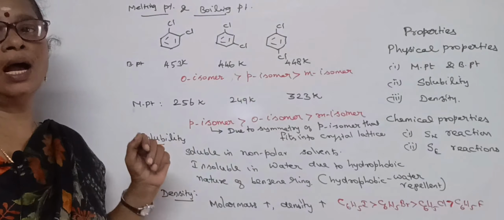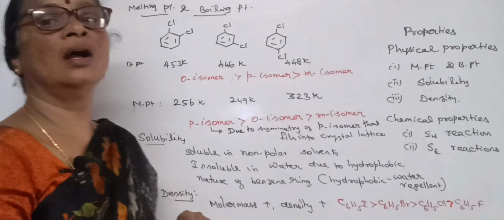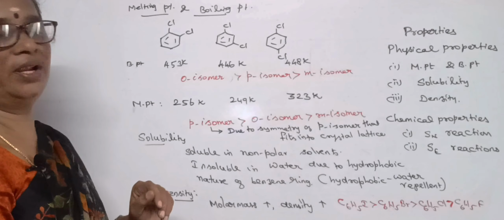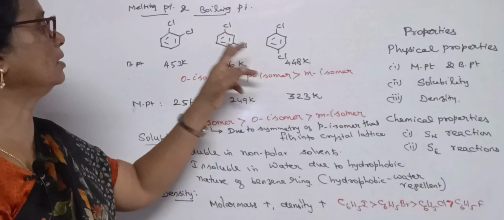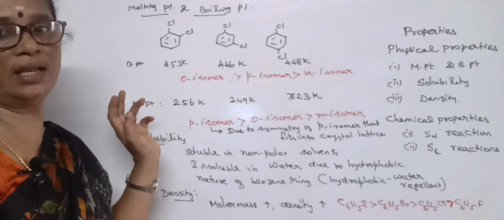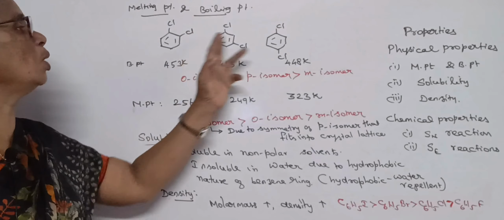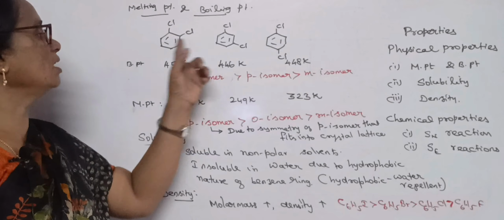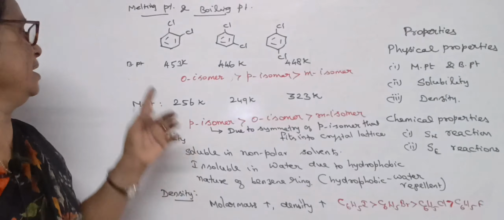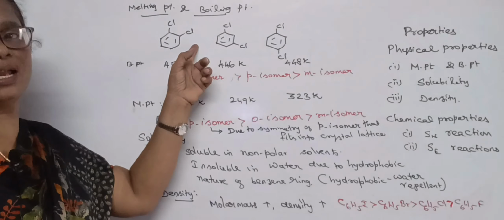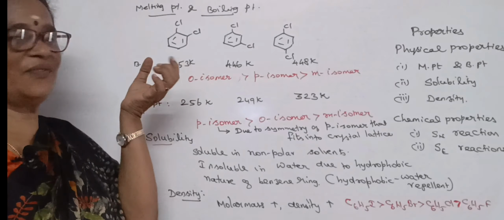Physical properties of haloarenes. Let us compare the melting and boiling points of dihalo derivatives of benzene. I have taken 1,2-dichlorobenzene, 1,3-dichlorobenzene and 1,4-dichlorobenzene. The boiling points of these three isomers are very close to each other because they differ by a very small value.